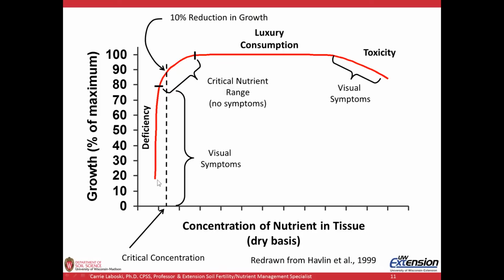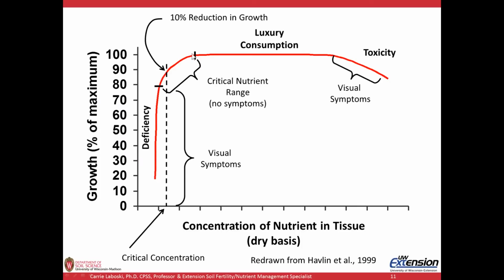Then we have our red line, the relationship between percentage of maximum growth and the tissue concentration. The line goes up, it's pretty steep, it bends over and then flattens off. Here I have it drawn at 80% of maximum growth, that's considered definitely deficient.